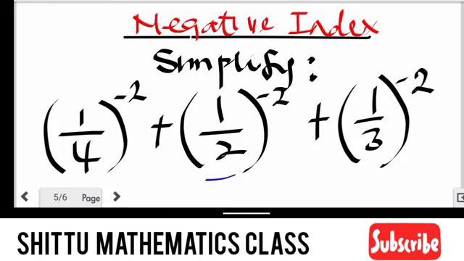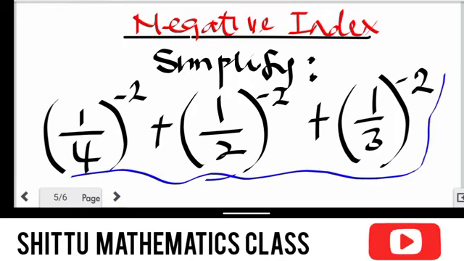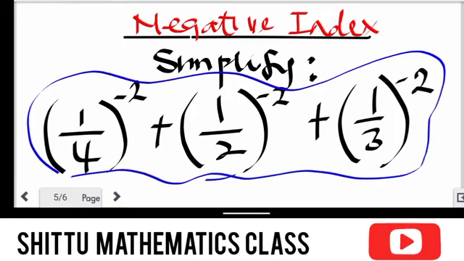So we just simplified all this to be 29. It's very simple. Whenever you have a negative index, and you want to neutralize the minus because it's confusing, what you just do is interchange the fraction.